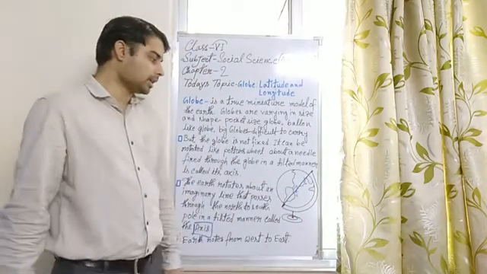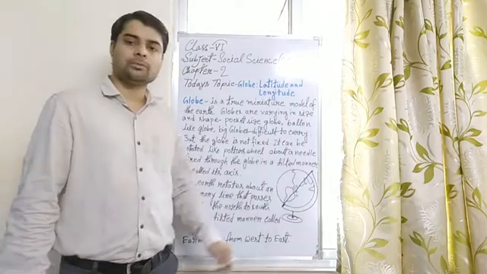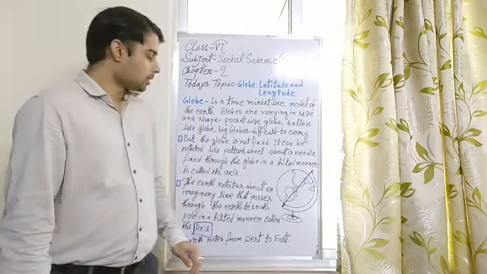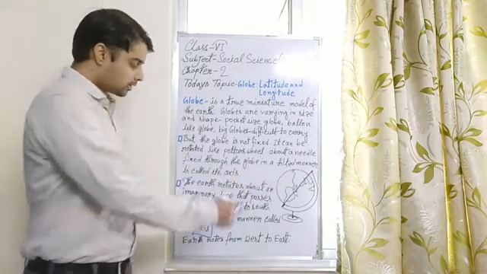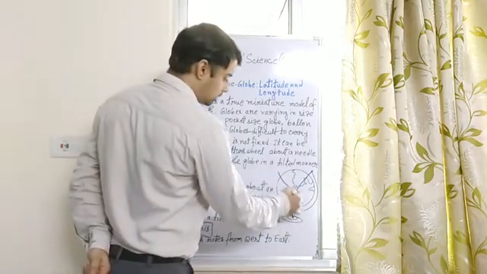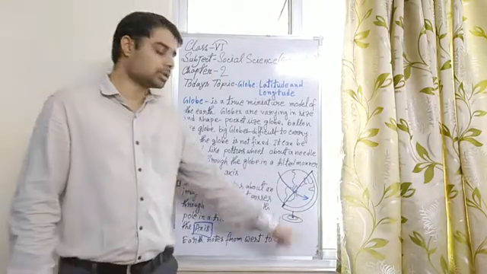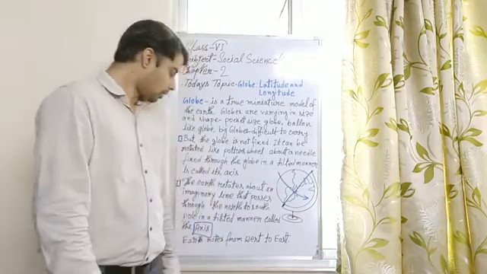It is inside the globe, that's why only the two tips are visible, and it rotates from west to east in this way. So the real earth also rotates from west to east.